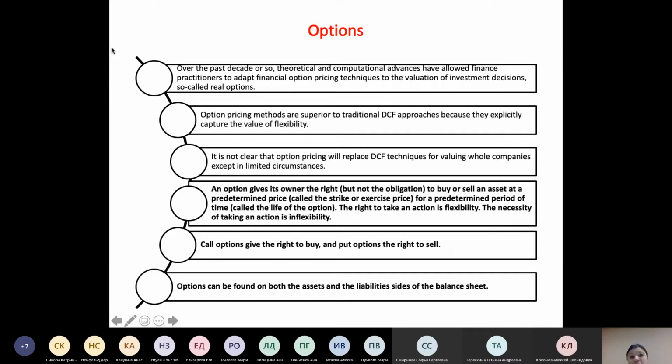If we have to realize this opportunity at a determined point in time, this option is named the European style of option pricing and option valuation.